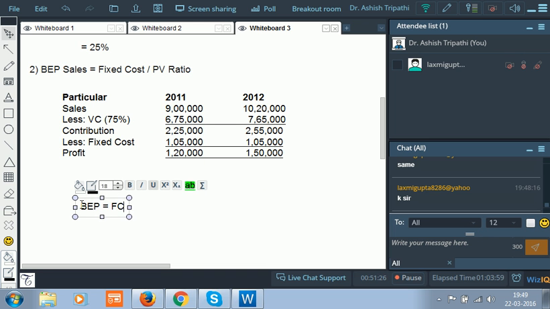So अगर हम लोग break-even point calculate करते हैं formula के through, fixed cost upon PV ratio, so we will get fixed cost is 1,05,000 divided by PV ratio. PV ratio is 25%.